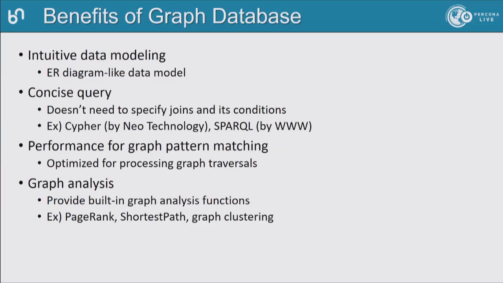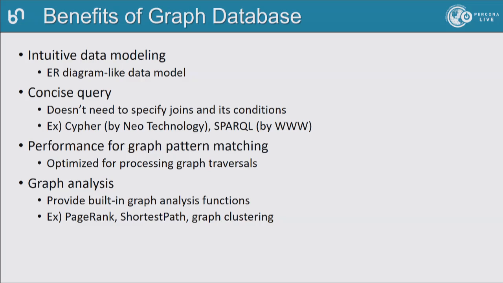The benefits of graph database can be summarized like this. By changing the data representation, data modeling can become more intuitive and simpler in the graph database. The ER diagram can be used for the data modeling directly.